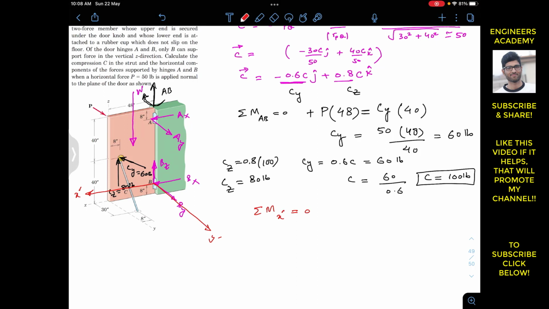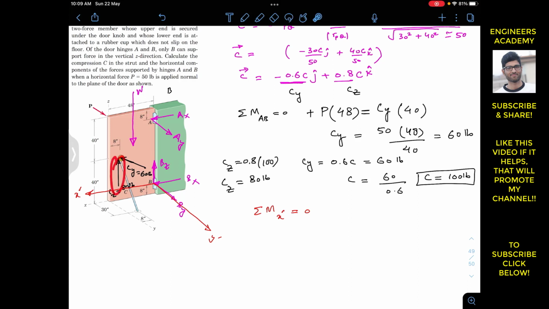So now remember that all the components which are parallel to the x-axis or the x dash axis are not going to produce a moment about the x dash axis. As we can see, this ax, this by, bx and bz are passing through the x dash axis, so they are not going to produce a moment about it.